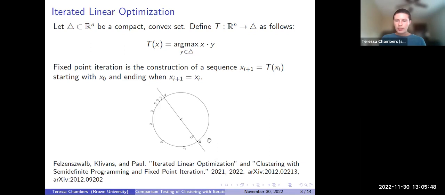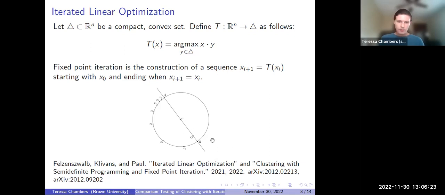As a quick example of how this might work, we can consider a really straightforward compact convex set, that being a circle in R2. Can you guys see my mouse? Fantastic. So this circle is off center. A key point is that this point marked O here is the origin, but the circle's center is off over here.